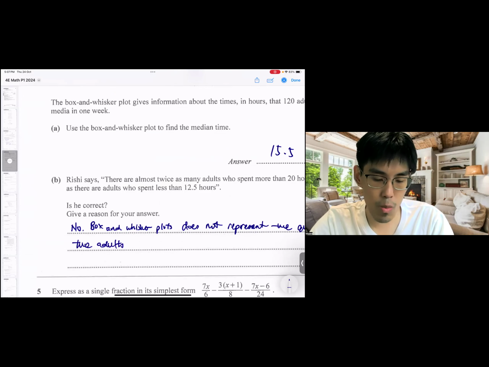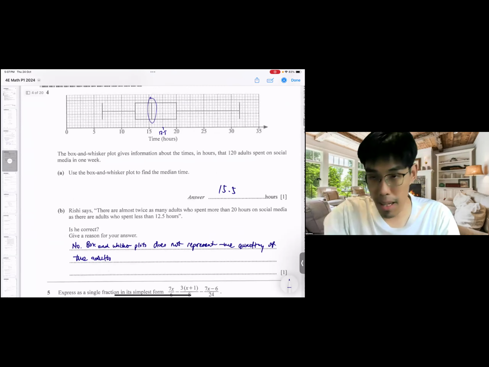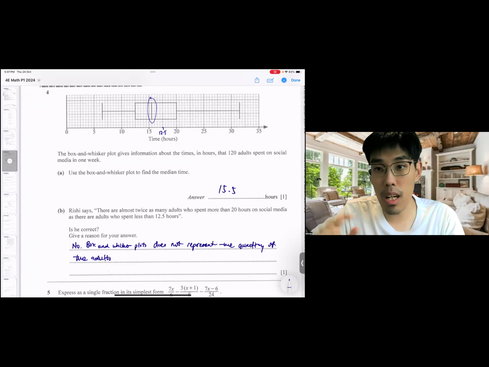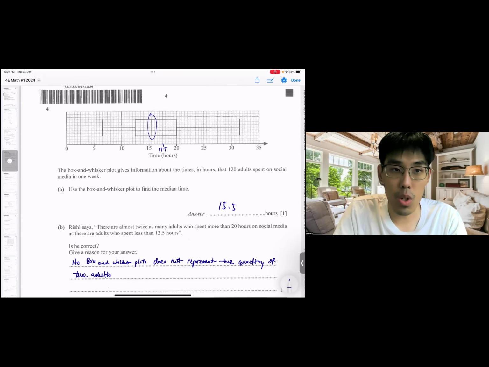The purpose of a box and whiskers is to show us the statistics of the graph: the minimum, the maximum, the upper quartile, lower quartile, and the median. It does not tell us anything about the number at all. The question already told us it's 120 adults, but it's not shown here how exactly it's distributed. So we cannot deduce anything about the number.